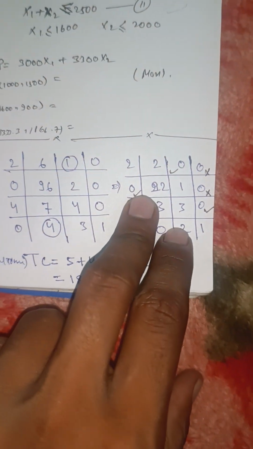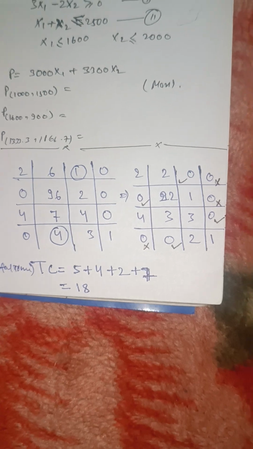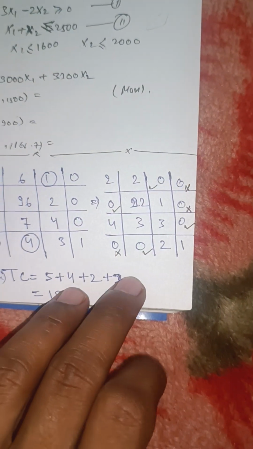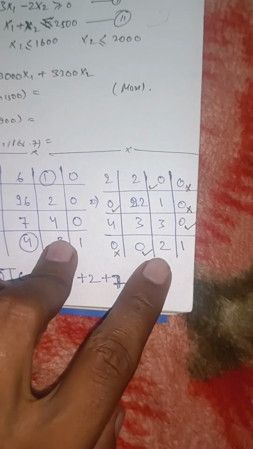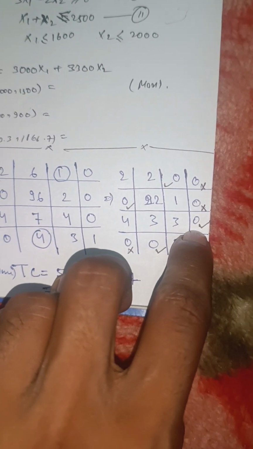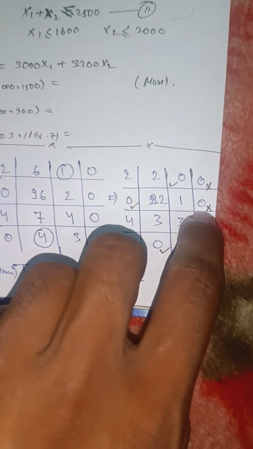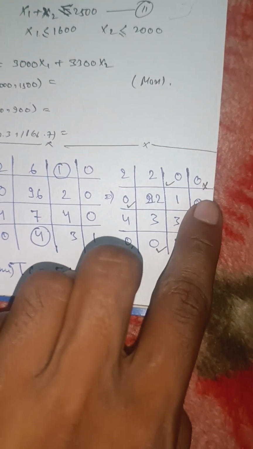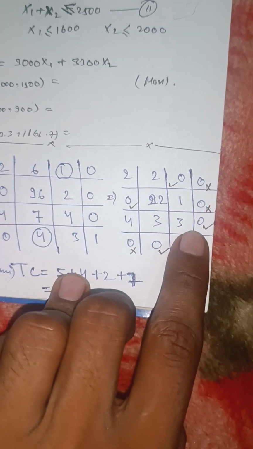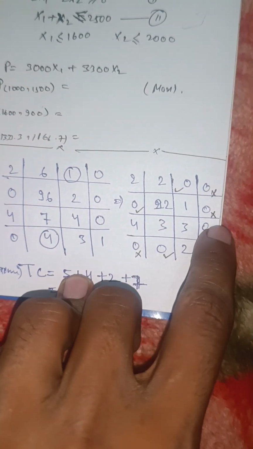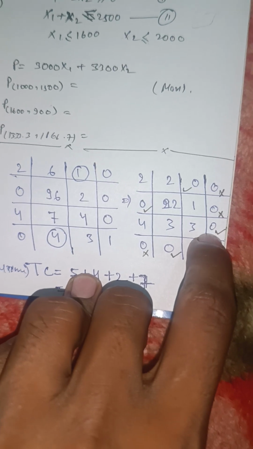And now we will select one zero from each row or column as per your choice. For example, first we will select this one, because we have only one 0 here. We have selected this one, and we will cross all the other zeros present in that column or this row where this 0 was present, because we have selected one.